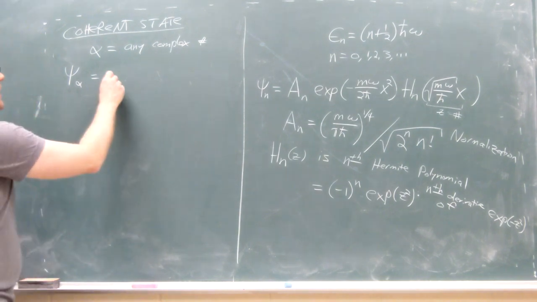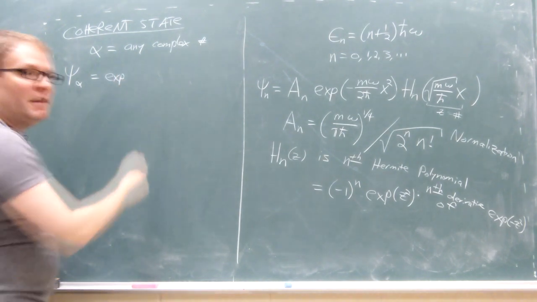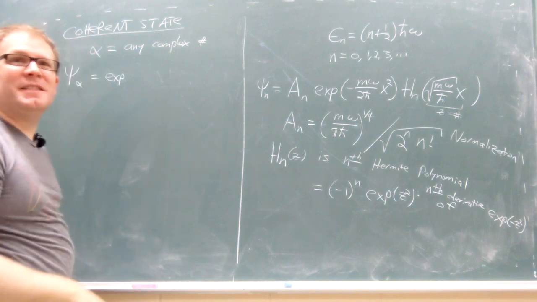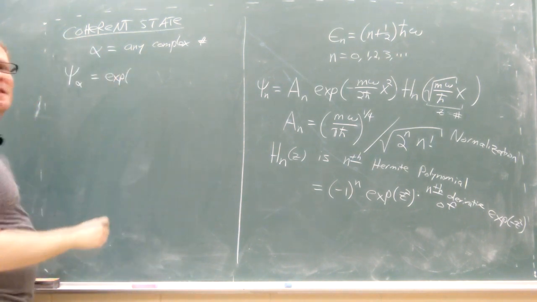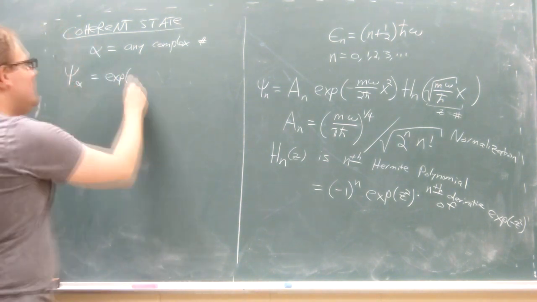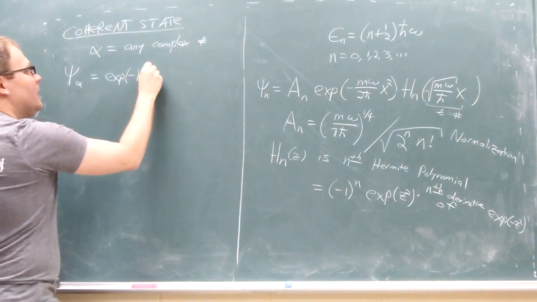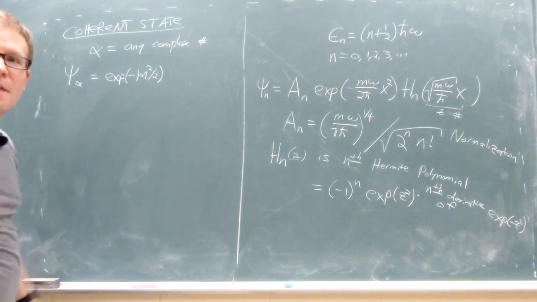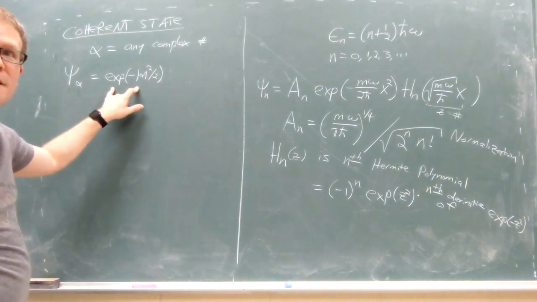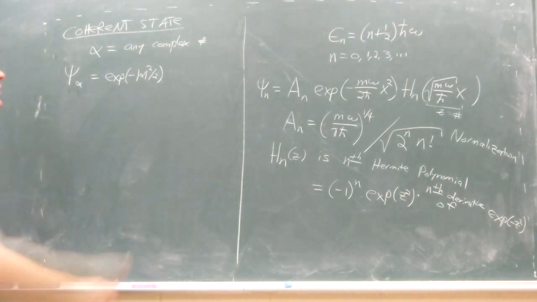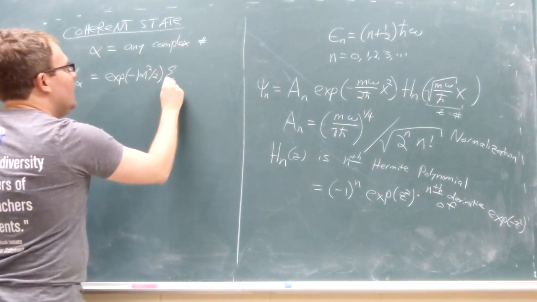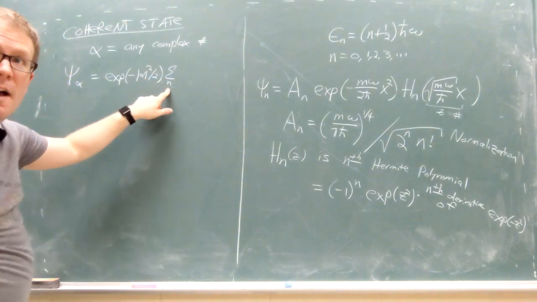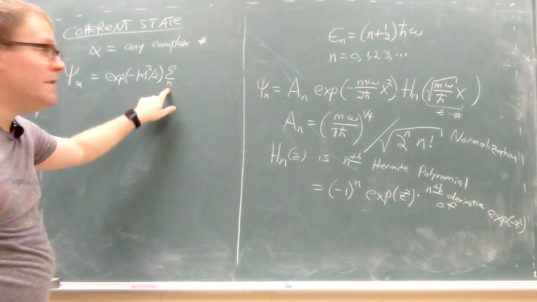The way you formulate this is you take another exponential. That seems to be important with these harmonic oscillator states. You take negative modulus alpha squared over 2. Right, this is just, again, a normalization constant. Make sure the whole thing comes out to total probability of 1. Then you sum over all of the harmonic oscillator energy eigenstates.